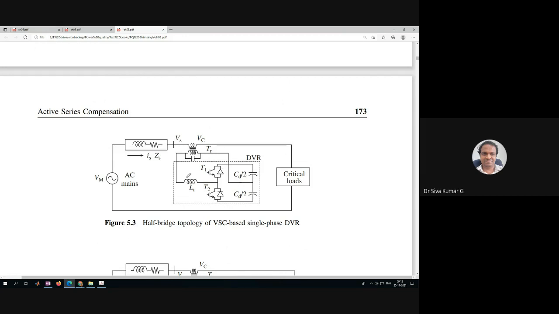This is the half bridge topology. The switches, the current flows this way, and again this way.